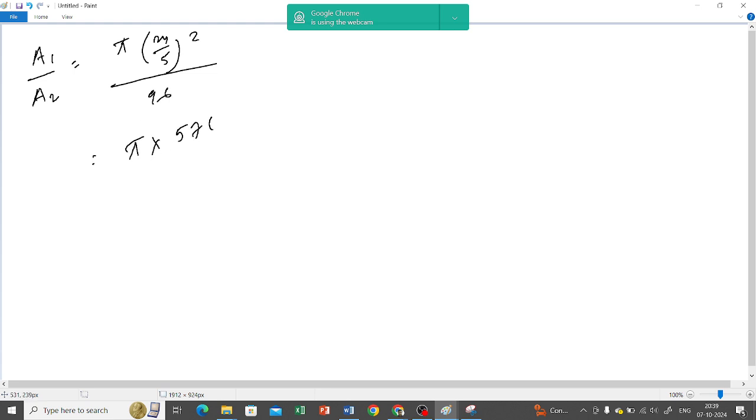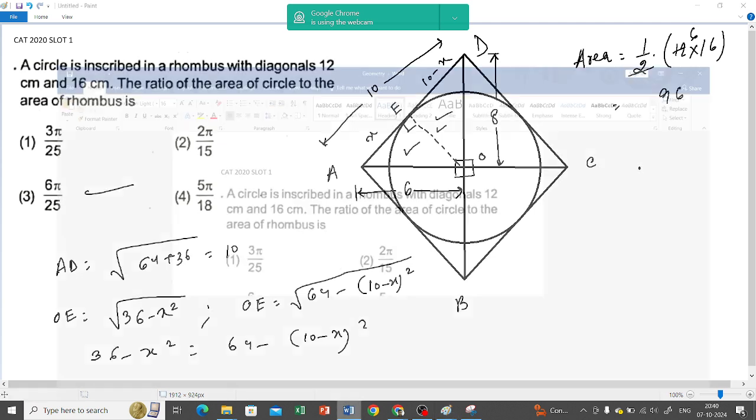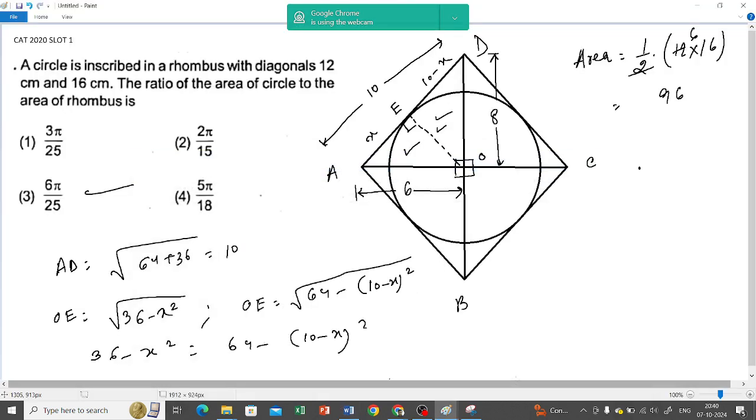That is 576 by 25 into 96. Now it's going to be 6, so this is 6 pi by 25, right? 6 pi by 25. Understood? This is the sum on geometry.